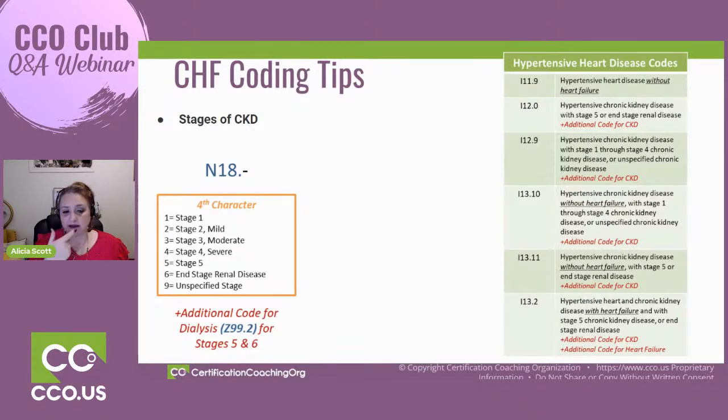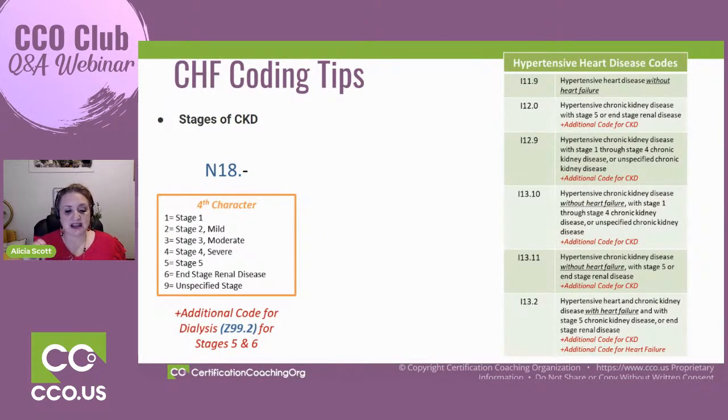And then if a patient has CKD over a long period of time, and especially when they get hypertension involved, then what does that cause? CHF. So just a quick review: for the stages of CKD, N18 is your code, and the stage is super simple, point 1, point 2, point 3, point 4, point 5.